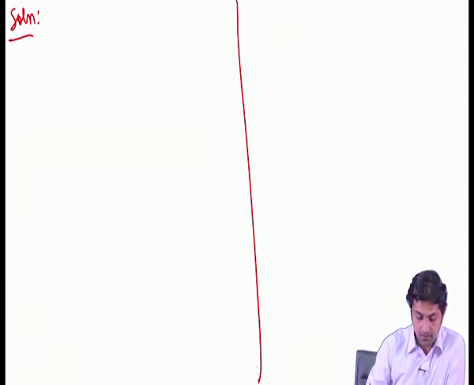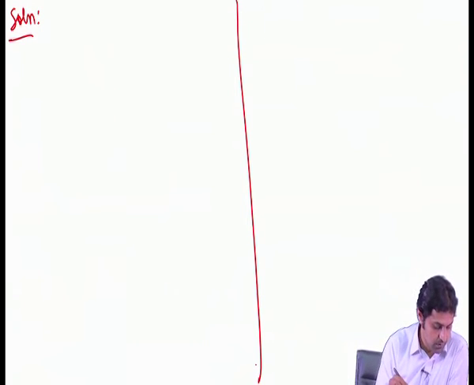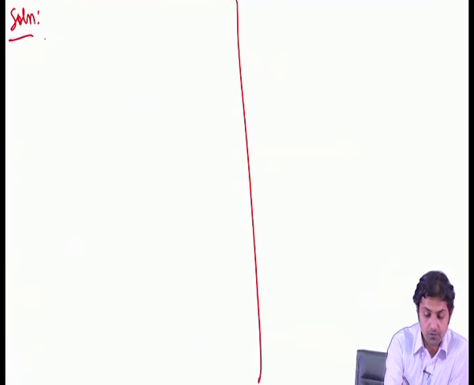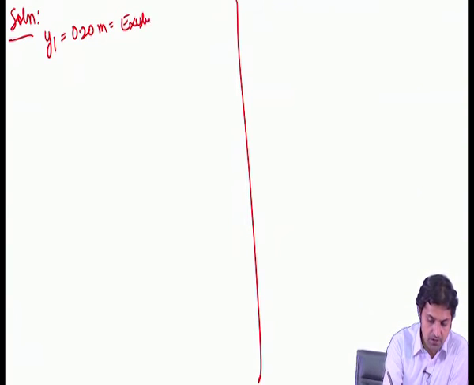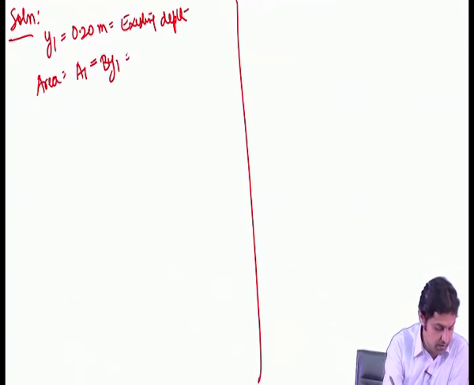So, to solve this, what we know, we write it down. Y1 is equal to 0.20 meter, and that is the existing depth. Area A1 is B Y1.